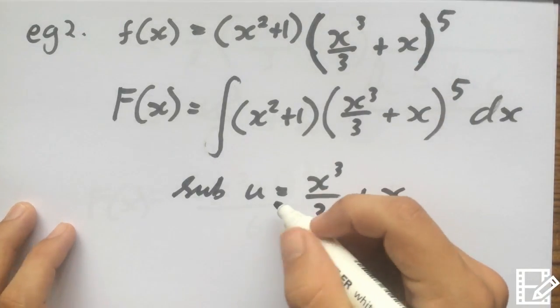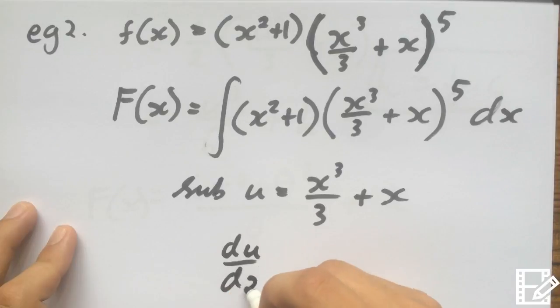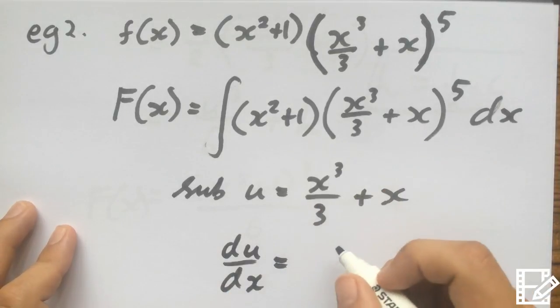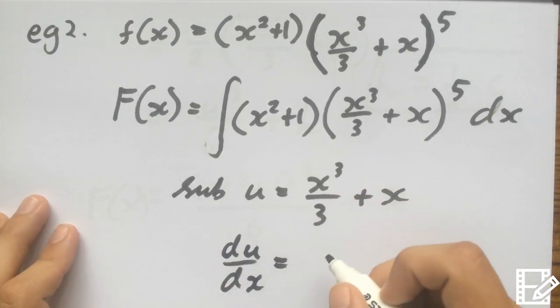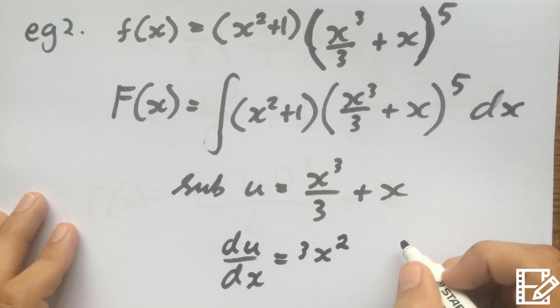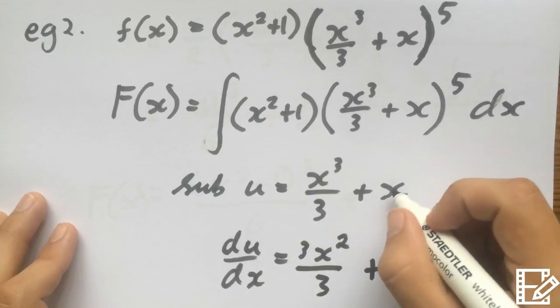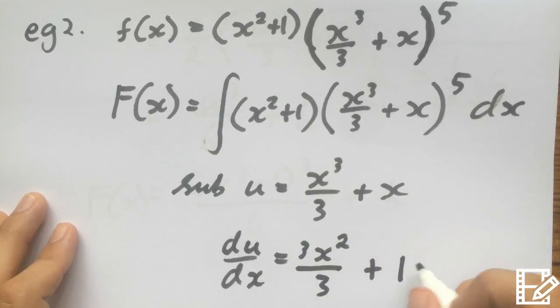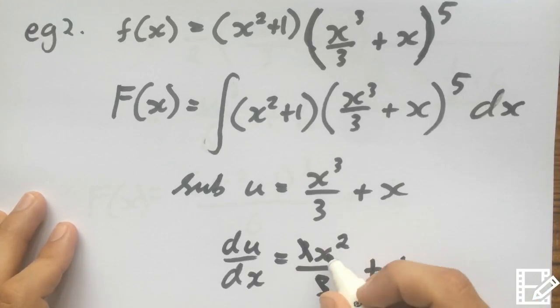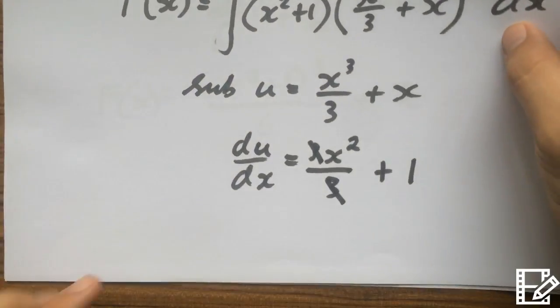Now we're going to solve this, just like before. Du with respect to x, find the derivative of this. We'll bring the 3 down, 3x, take 1 off the power, to the power of 2, divided by 3, plus the derivative of x is just 1. If we cancel out the 3's, because we have a 3 multiplied and a 3 divided, we cancel them out.